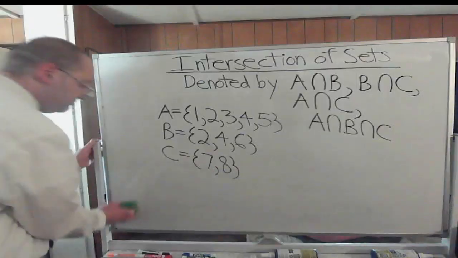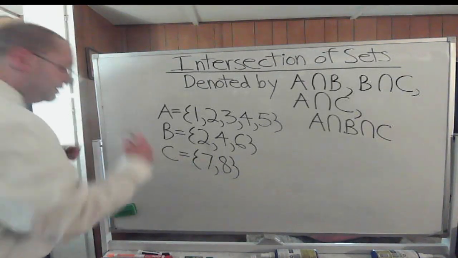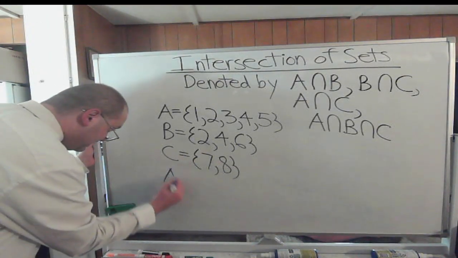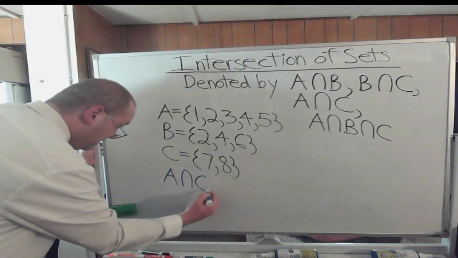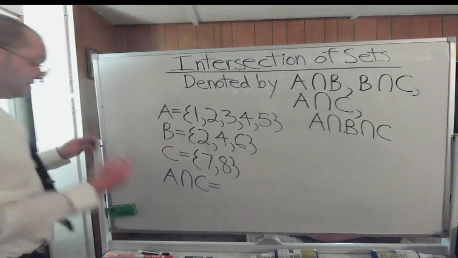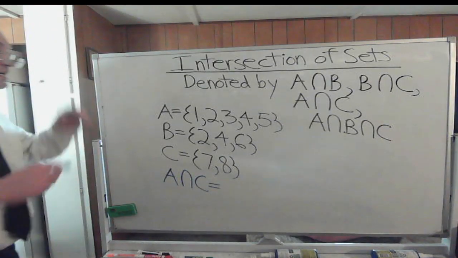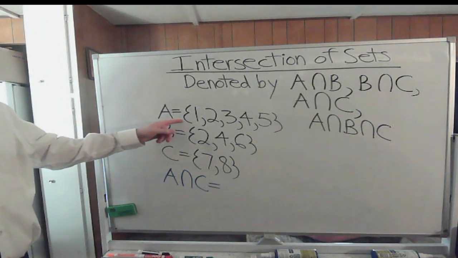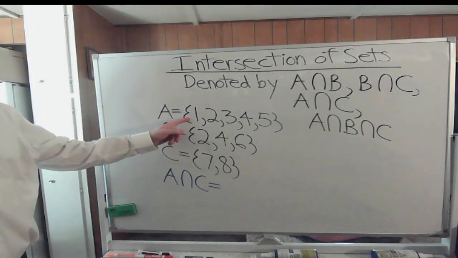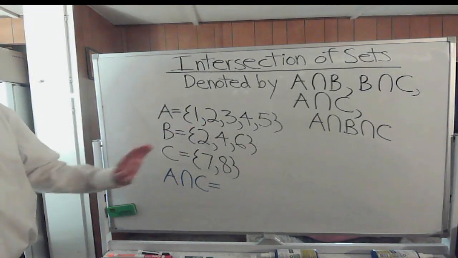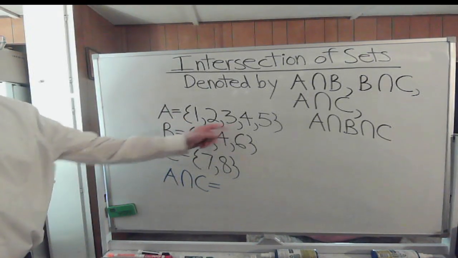Alright. Well, let's take A intersects C. How about that? Well, look at A and C. Do they have a 1 in common? Nope, that's only in A. Do they have a 2 in common? Again, that's only in A. How about 3?